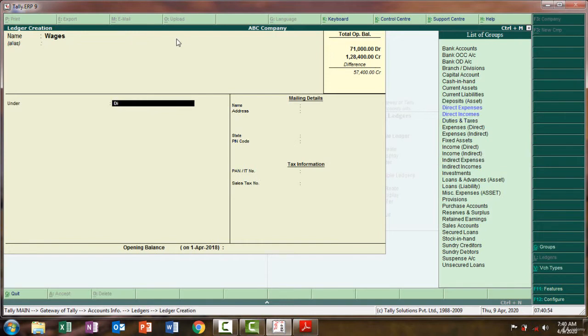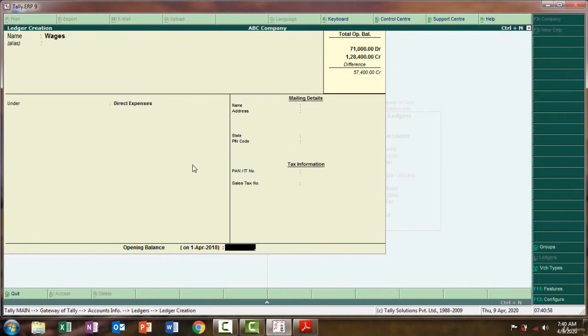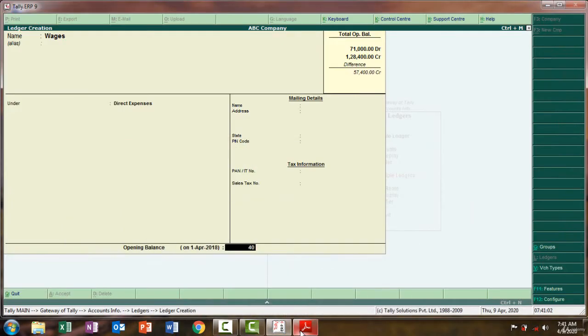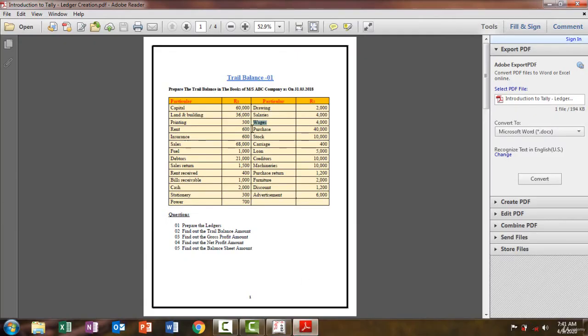It is a direct expense. How much? 4000 debit.